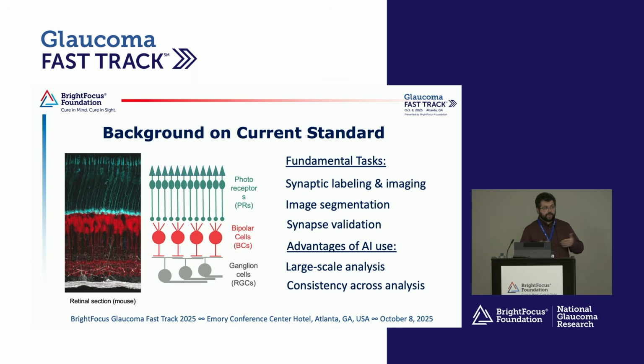One is to expand our area of investigation. Normally we used to look at a very small portion of the retina or the brain. With AI, we can potentially multiplex this to the entire tissue. And the second potential advantage is generating consistency in the way we analyze the synaptic data, either between different labs or across time points in a longitudinal data set.